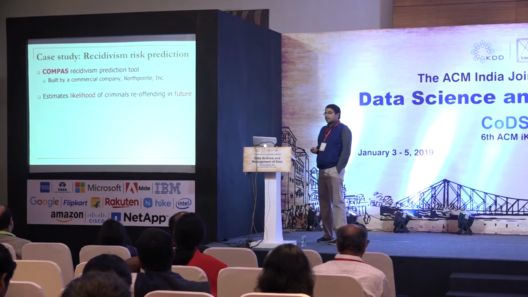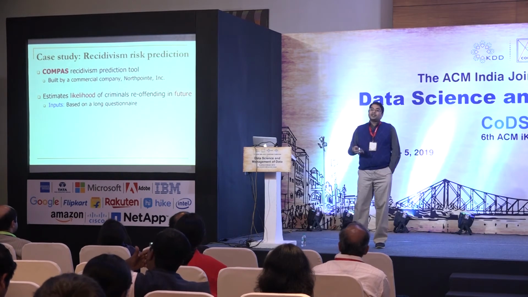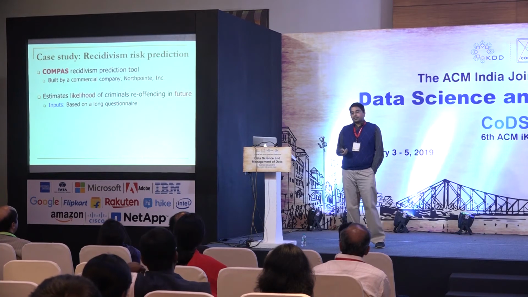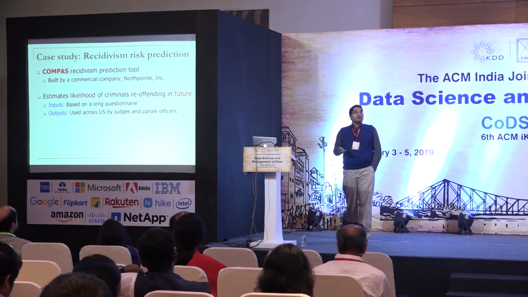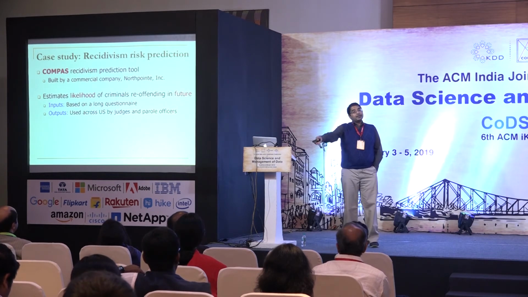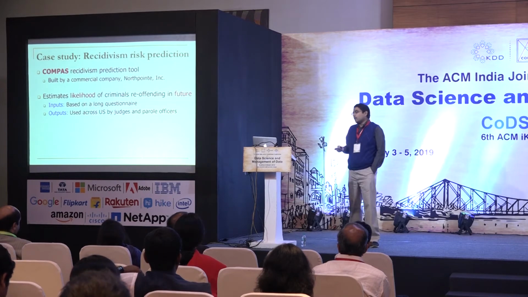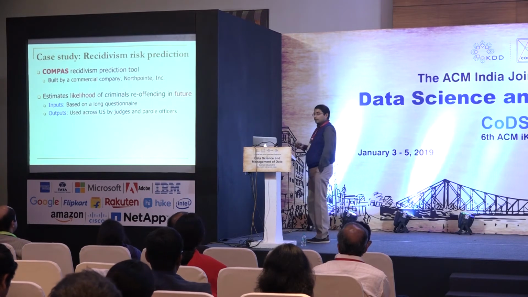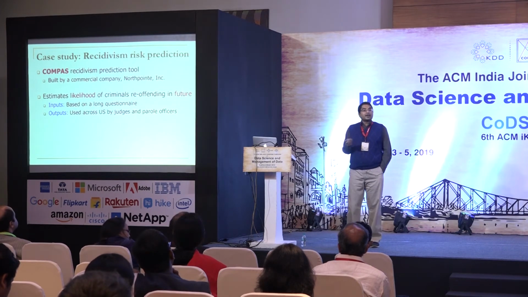The way it does this estimate is by taking as input the answers that defendants provide to a very long questionnaire. The outputs are meant as advisories for how likely somebody is to reoffend. These advisories are being used by judges in several US states, as well as parole officers, to determine whether somebody should be granted parole or not.